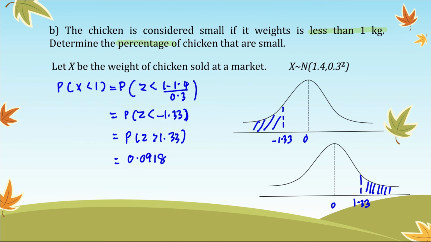But remember, the question wants the percentage of chicken that are small. Write the conclusion. Therefore, 9.18% of chicken are small.